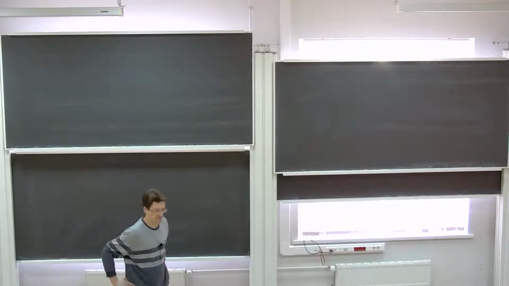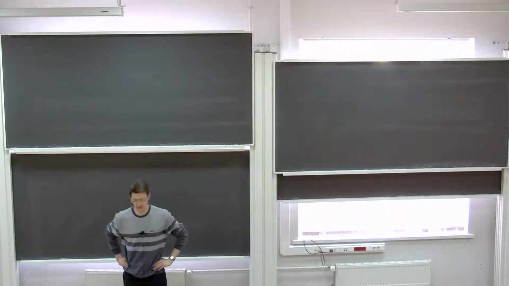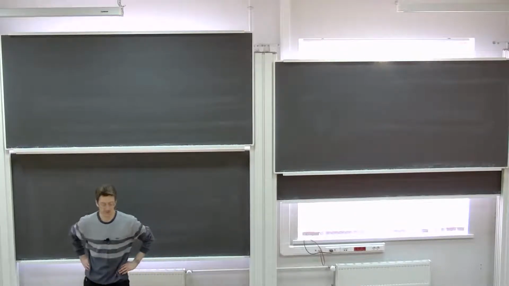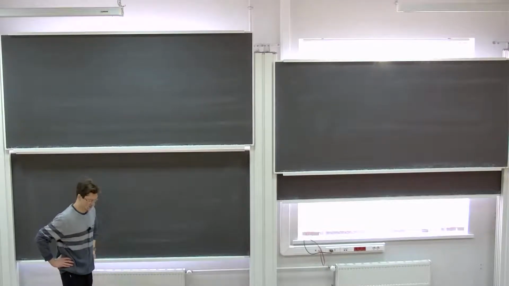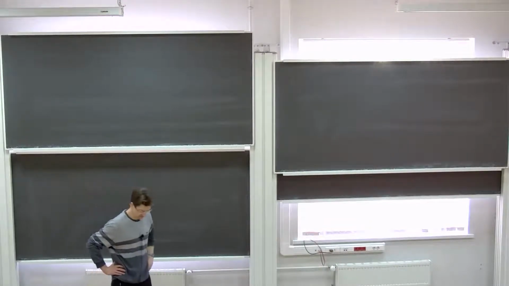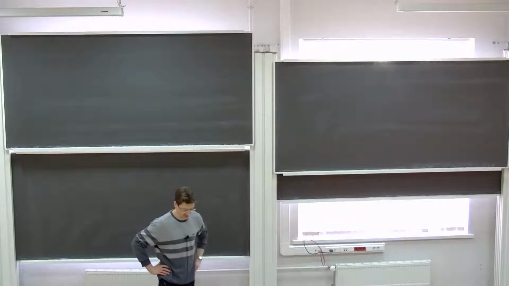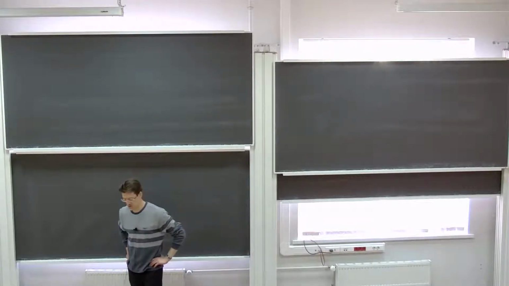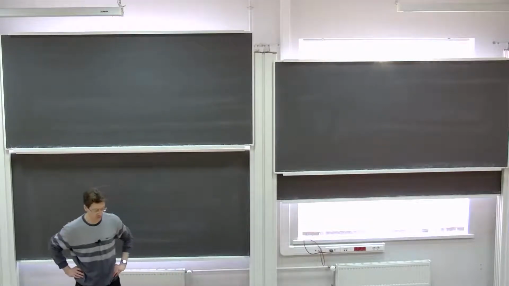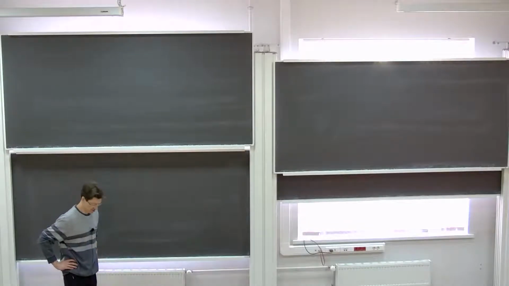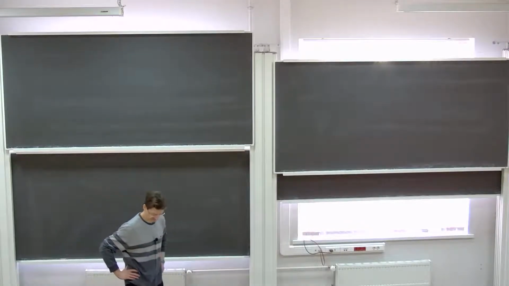Okay, so at the previous lecture we proved a useful Fredholm's criterion for linear operators, the so-called Nikolsky-Atkinson criterion, which states, roughly, that an operator between Banach spaces is Fredholm if and only if it is invertible modulo compact operators.